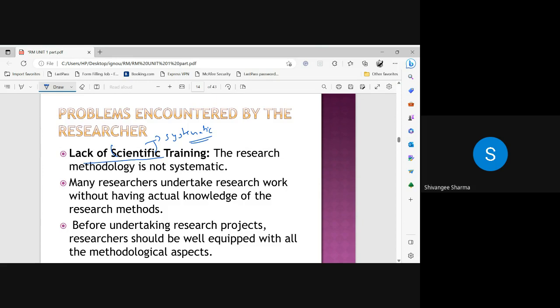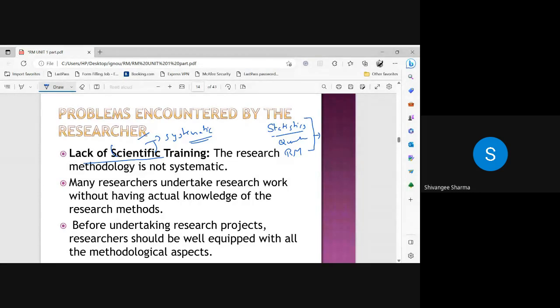So if there is lack of scientific training, this is the basic thing researchers face these times, because when you are doing research, you must know everything about statistics and many things related to your quantitative analysis plus your research methodology. All these three things in combination will help you in doing a complete research.